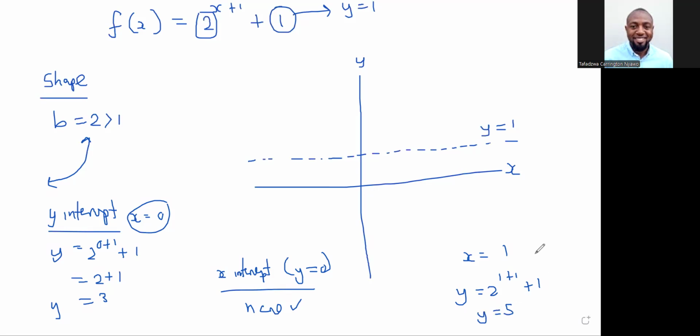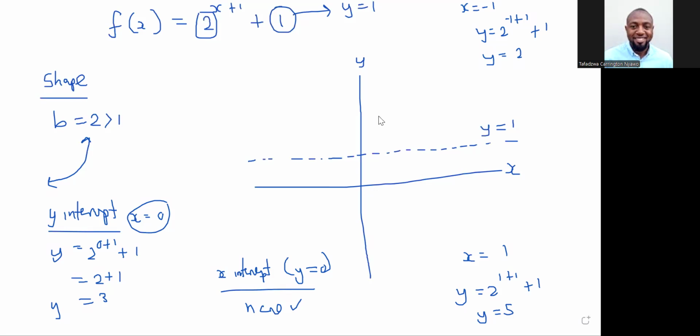Then I choose when x is -1, and sub it in again. You can see that y is equal to 2. So I've got those points now.